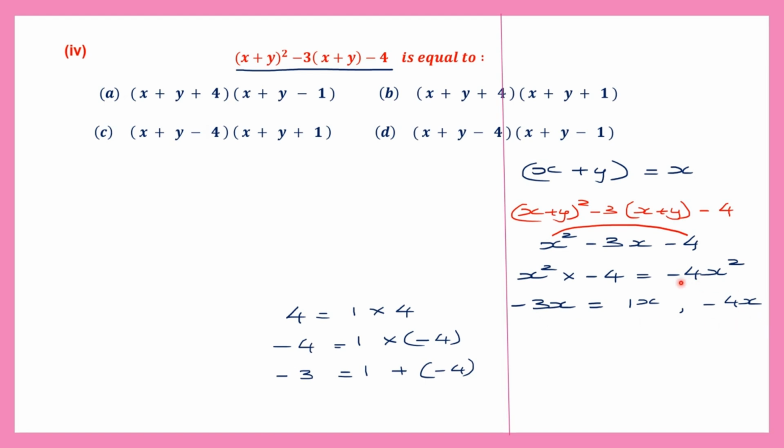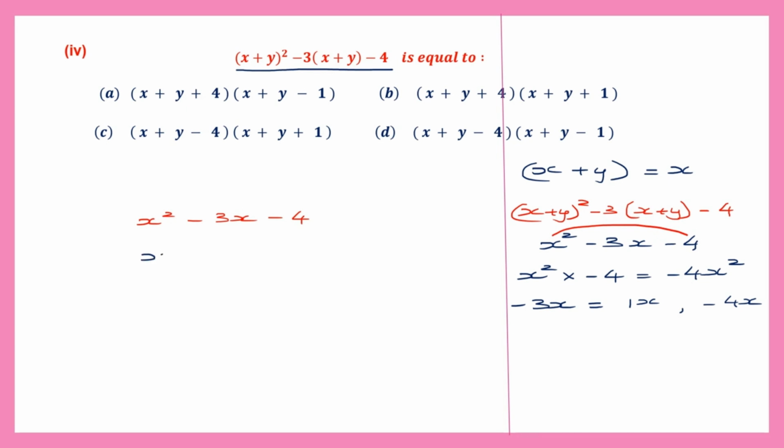If I multiply these two numbers, I will get minus 4x. So let's rewrite this once more. So I have x square minus 3x minus 4. So this will be x square, and I have split minus 3x into 1x and minus 4x. So that will be plus 1x minus 4x minus 4.